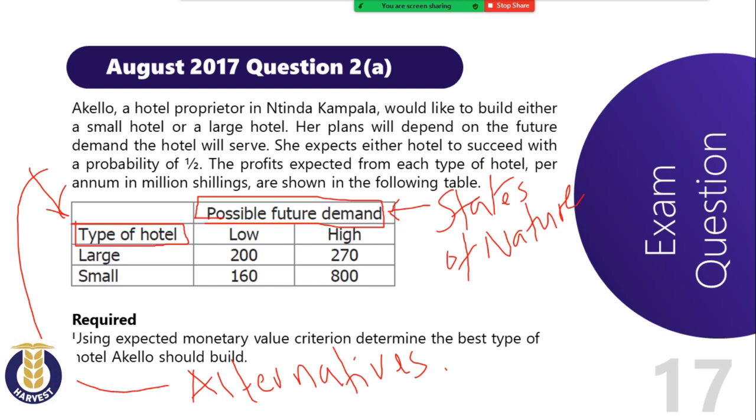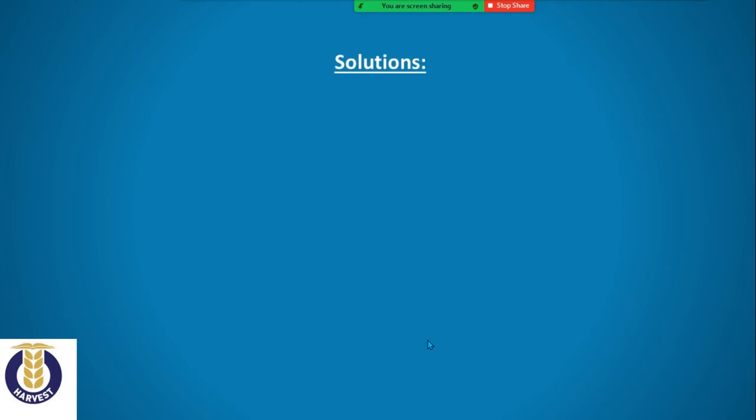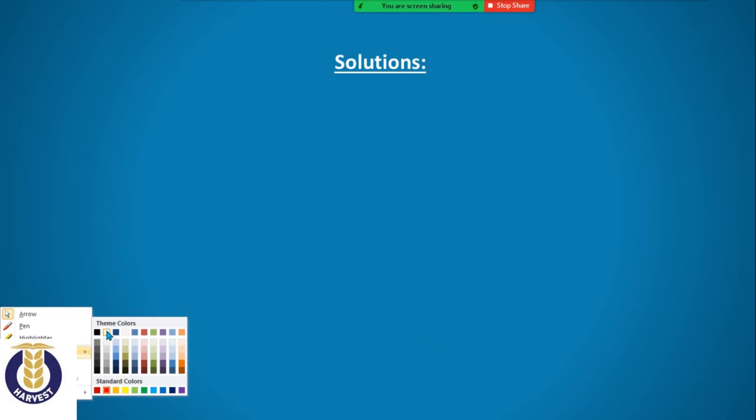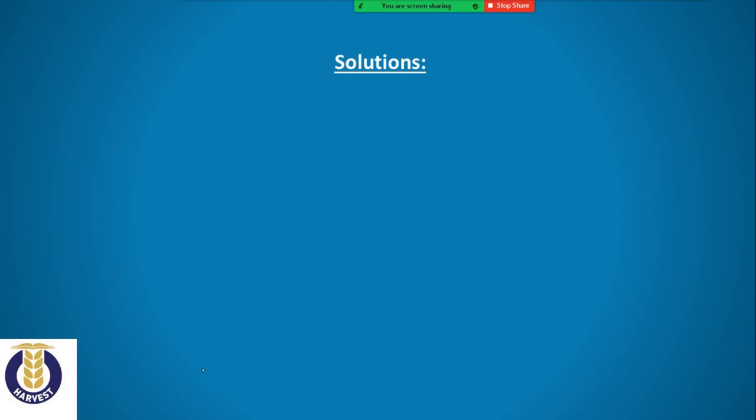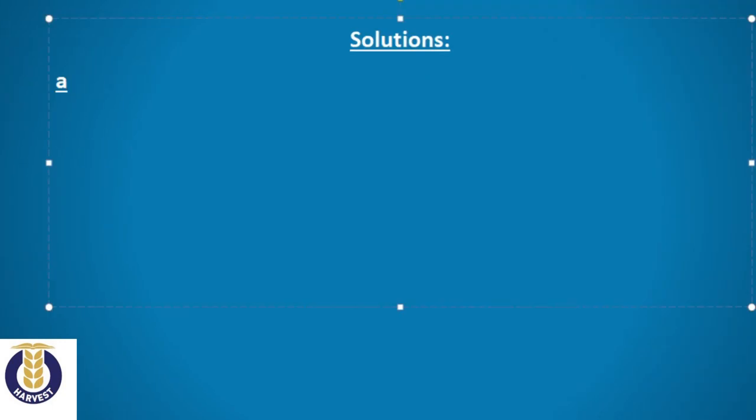So what we shall do is split the two alternatives, because we are choosing from the alternatives, that is what is within our own control. Alternative 1 is the small hotel.